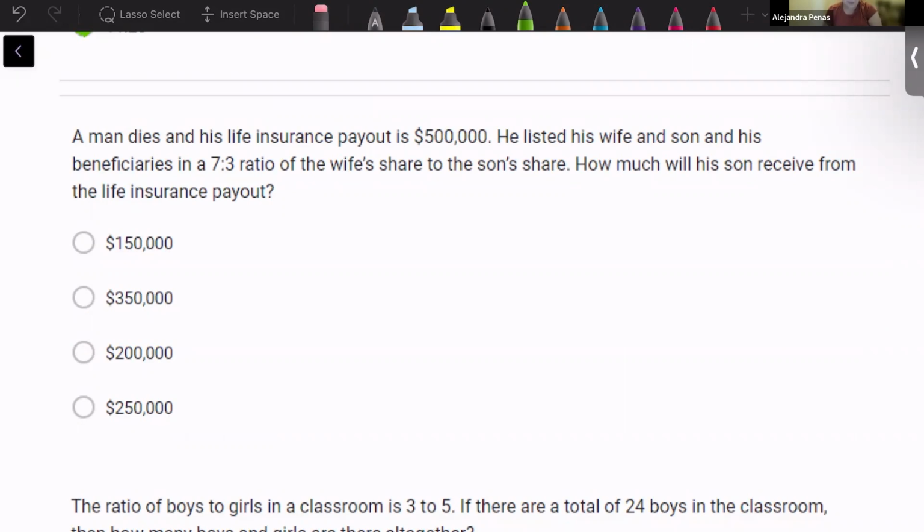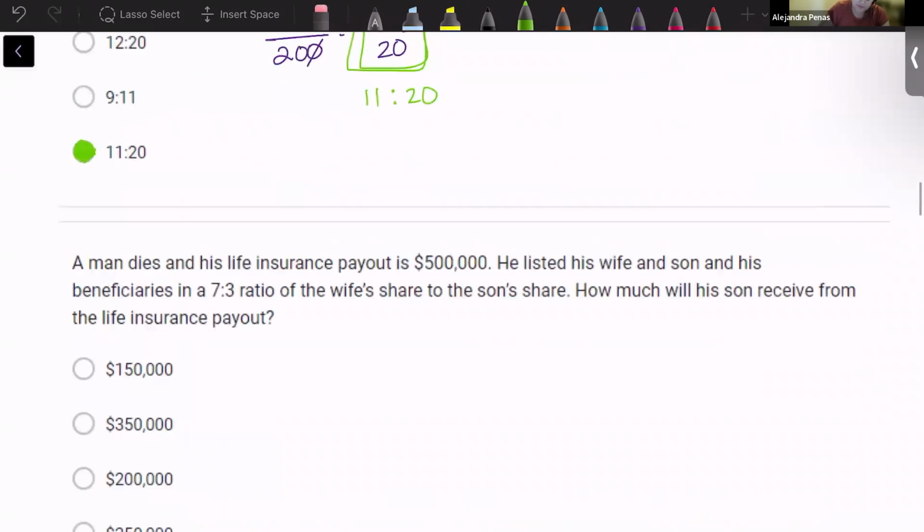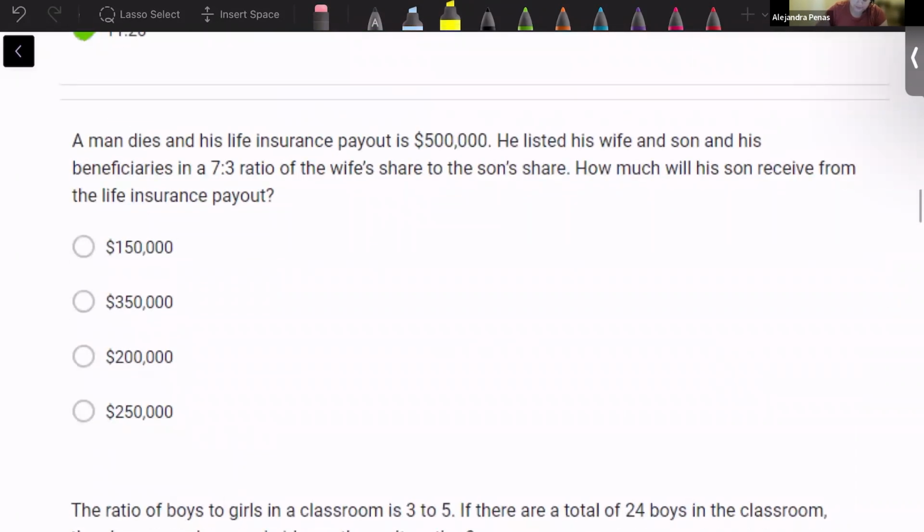So this one, we are going to need an actual proportion with two fractions. We have the total amount of money that was left, and we have the ratio that separates the money, and we want to figure out how much is going to go to his son. So really what we're going to compare is the amount that goes to the son compared to the grand total.